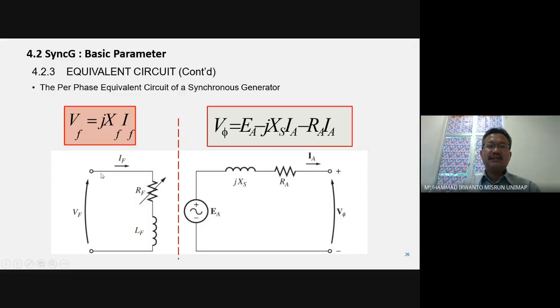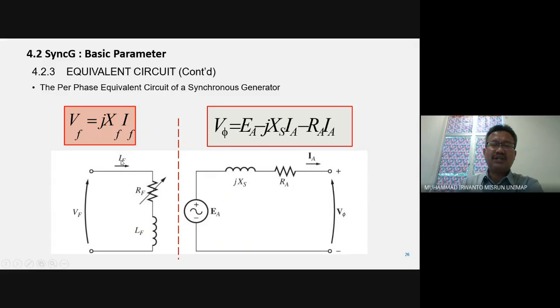And then, if we consider only the rotor part, the field reactance, the relationship between the field voltage, the field current and the field reactance is given by this: Vf equals jXF multiplied by IF. This means that if we want to increase the internal generated voltage, please increase the field current.